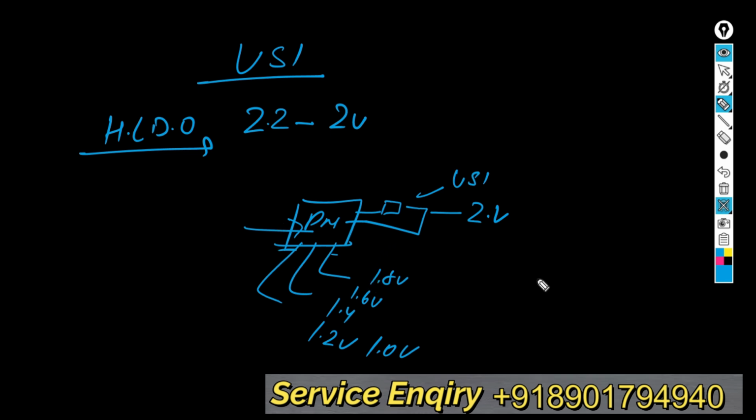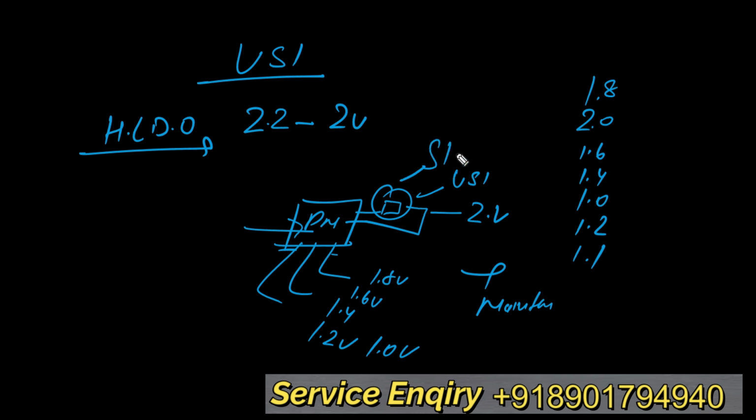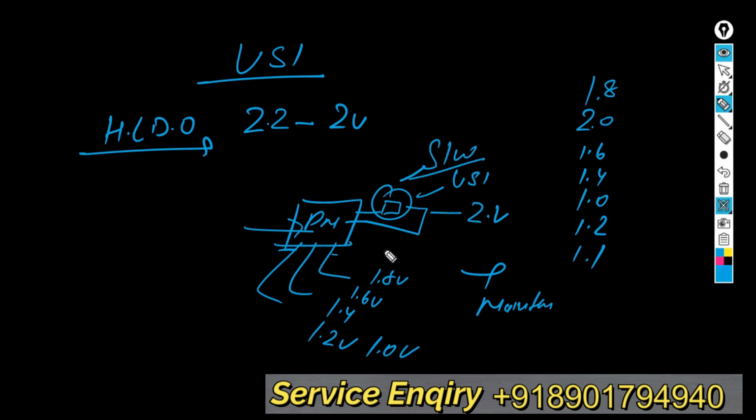Because there are multiple voltages and multiple LDOs, and to keep the voltages stable we need high ampere. That's why the switching is a must. After switching, this voltage comes back to the PMU, right? Clear?